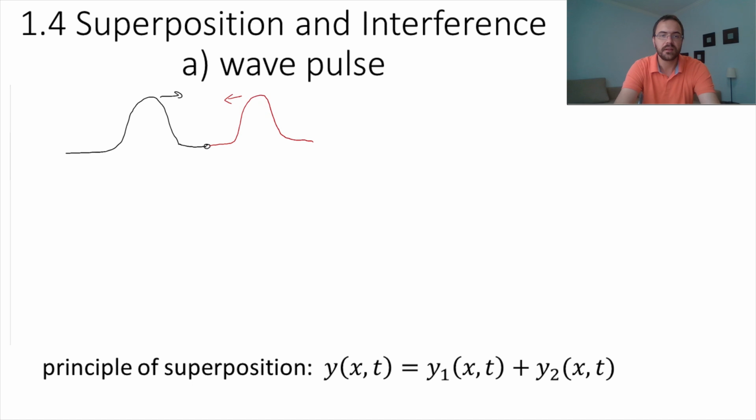This time, for an open end, you imagine that you have an imaginary pulse that has the same displacement, but an opposite direction of propagation. Eventually, the two pulses, black and red, will overlap in space, and the result is again obtained by using the principle of superposition. So simply add the two displacements, and you obtain the blue pulse.